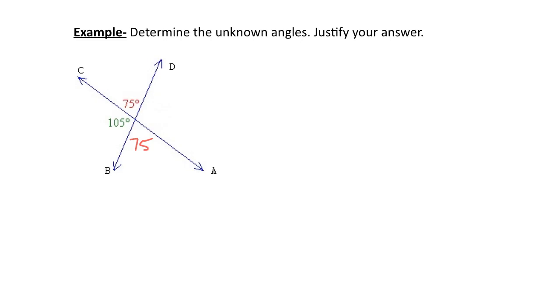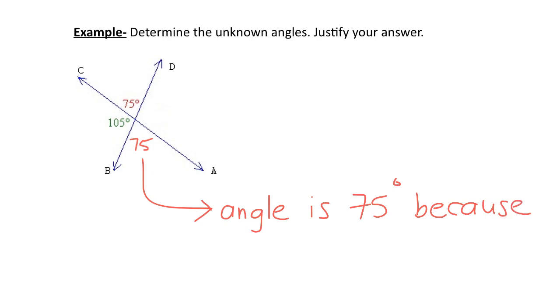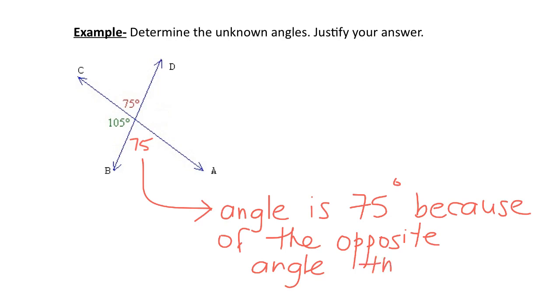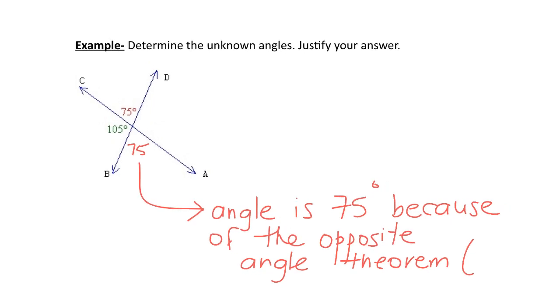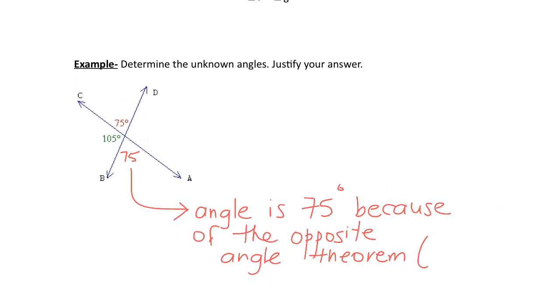And in terms of my justification, I'm going to say that the angle is 75 degrees because of the opposite angle theorem. And you can even abbreviate this and shorten it down to OAT, which just stands for opposite angle theorem.